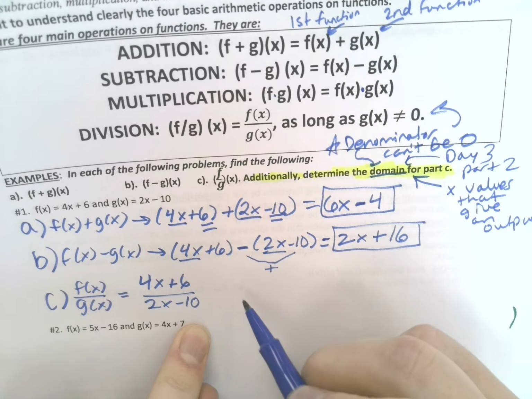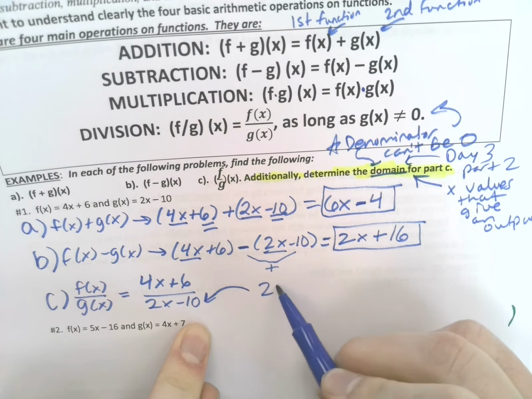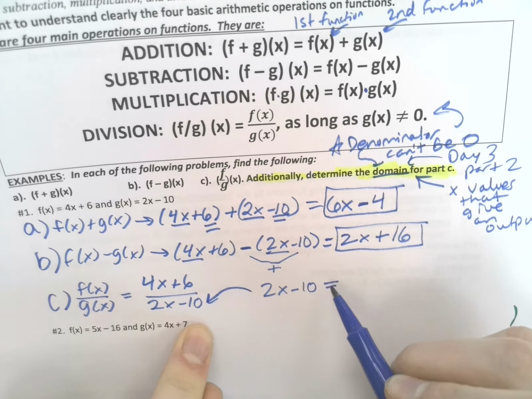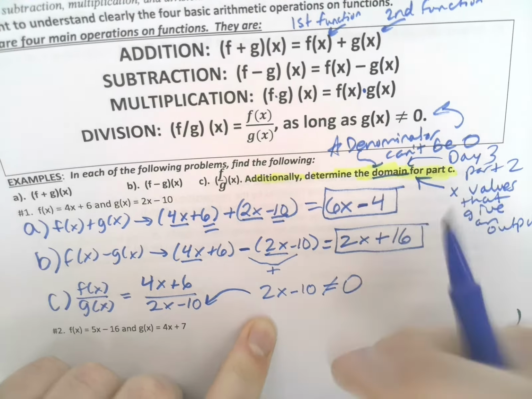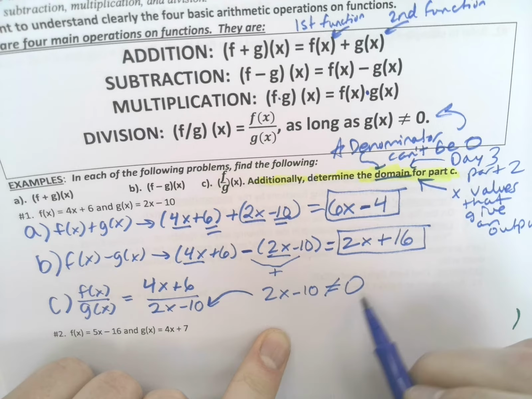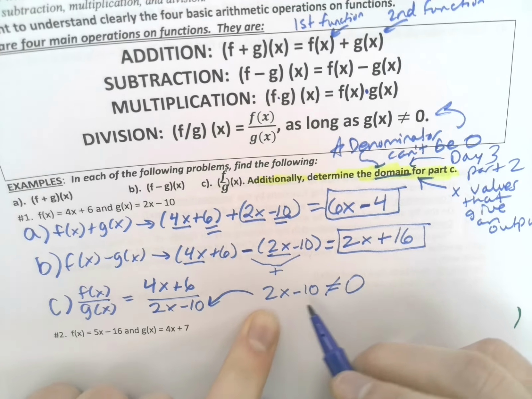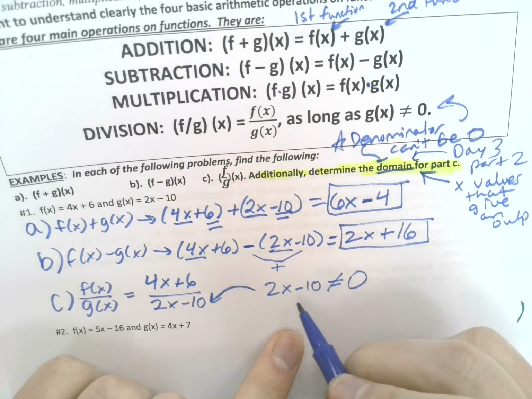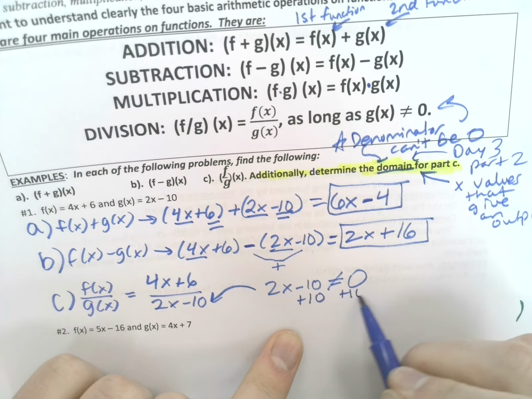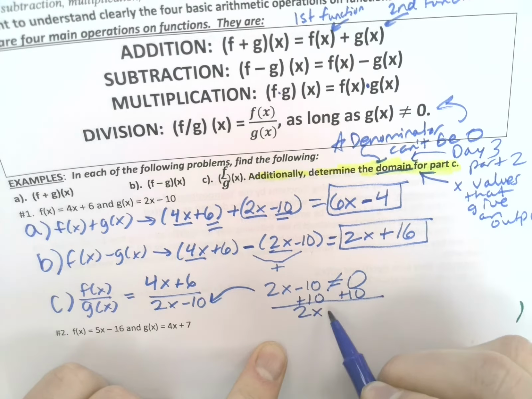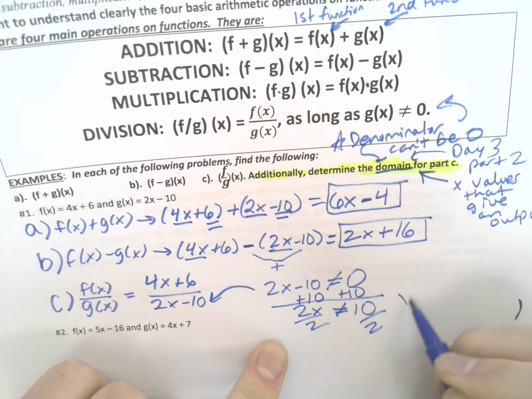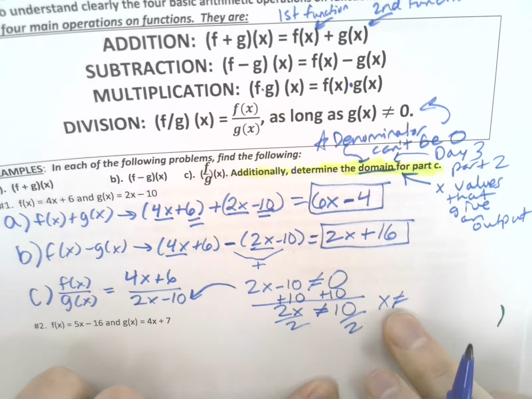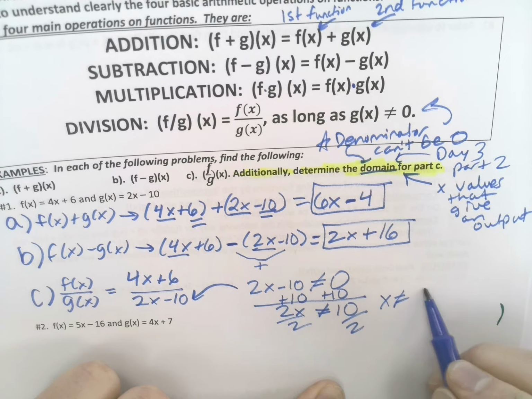If you see a fraction, we need to pull out the denominator here. We know 2x minus 10 absolutely cannot equal 0. If it does, you're dividing the whole thing by 0. So let's solve this equation here. Let's find out what x cannot be so we know what to exclude. So add 10, divide by 2, and it turns out x cannot be 5.